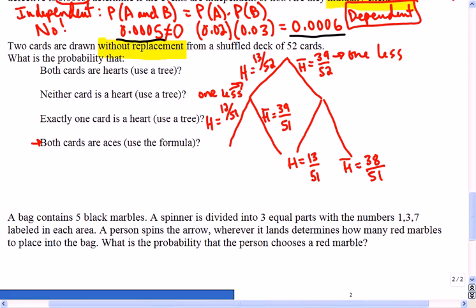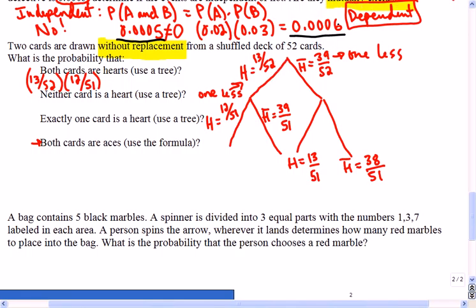I can answer questions like, both cards are hearts. So if both cards are hearts, this is where I went. It's going to be 13 out of 52 times 12 out of 51. Neither card is a heart. Well, let's illustrate this branch.